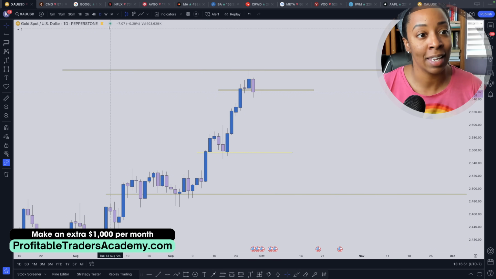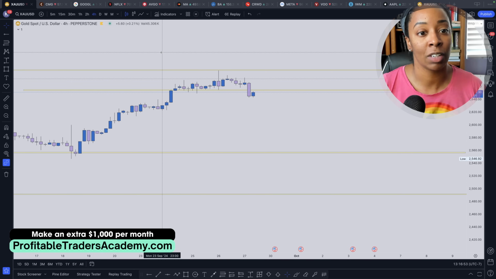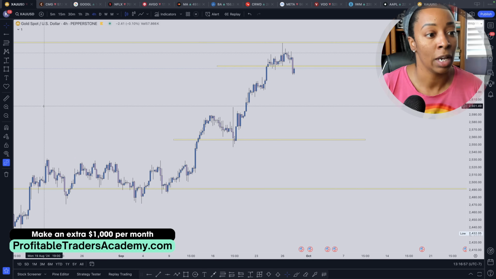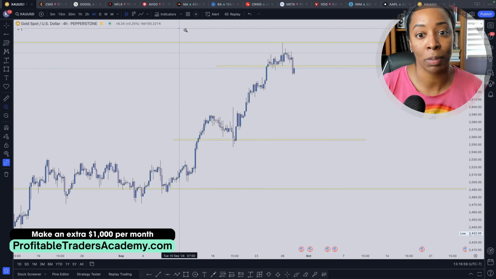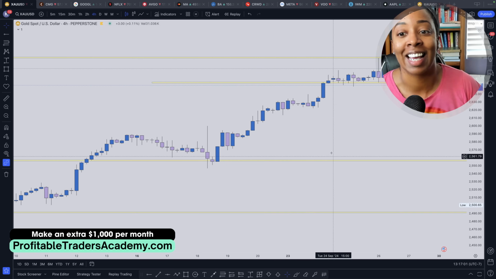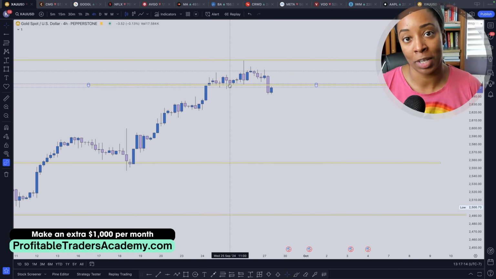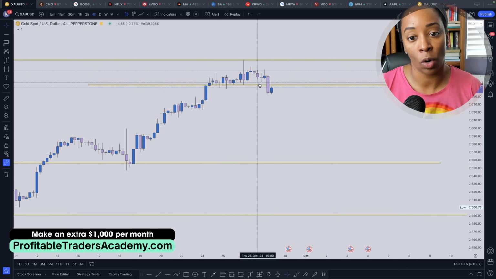Now let's go down to H4 and see if we can find even more levels inside of this market, after we reset our chart and make this bigger so we all can see it. Now we can see very clearly that this level that we drew on the daily at 26.55 is a really strong support level, mainly because we have confirmation of these wicks right here, all of these rejections.